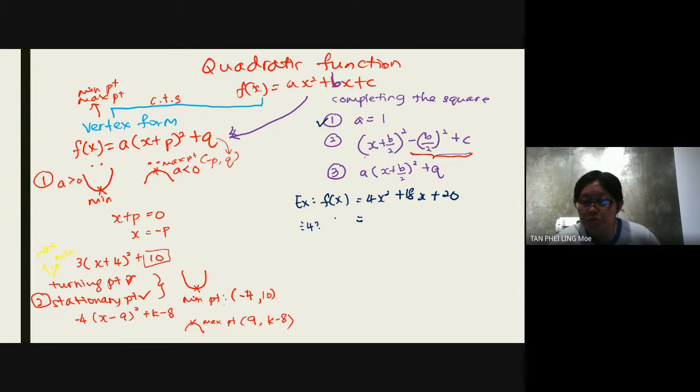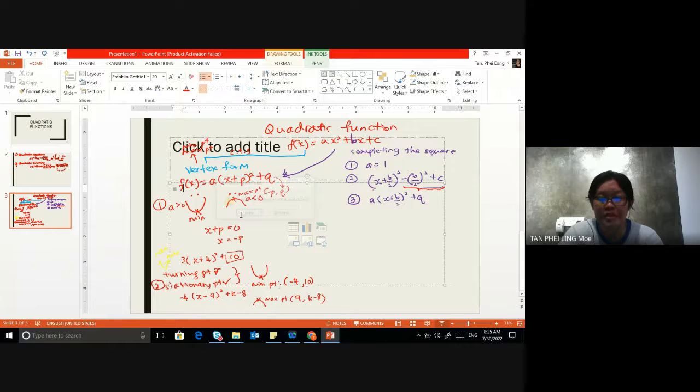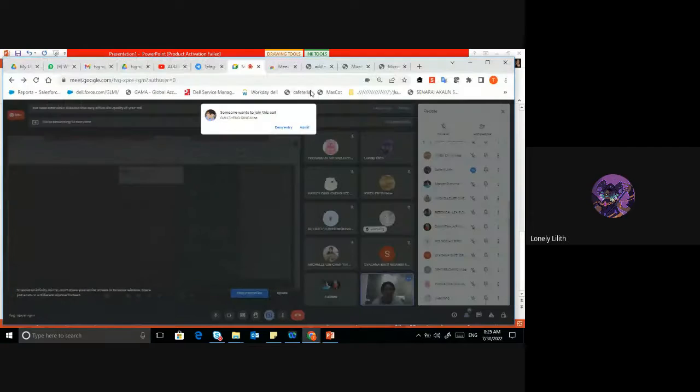But if you were to divide by 4 now, then your f of x also has to be divided by 4, which will be troublesome. So we don't divide by 4. Instead, you will do it by factorization. Yes, teacher, 18 cannot be divided by 4.